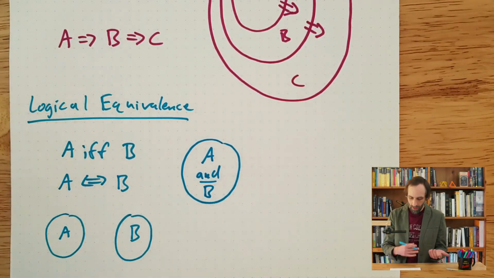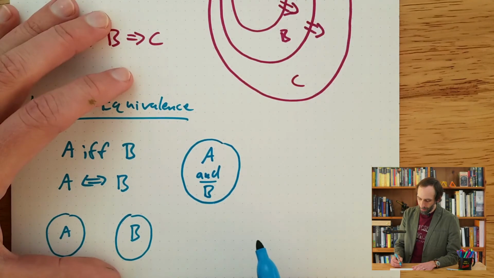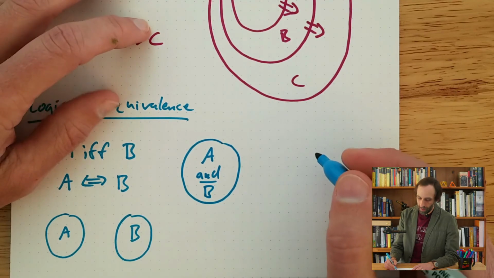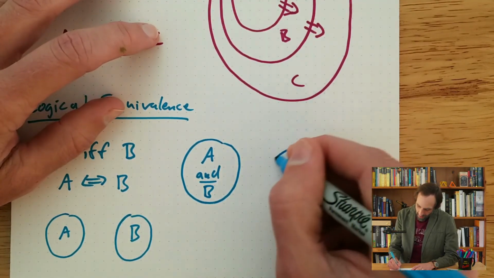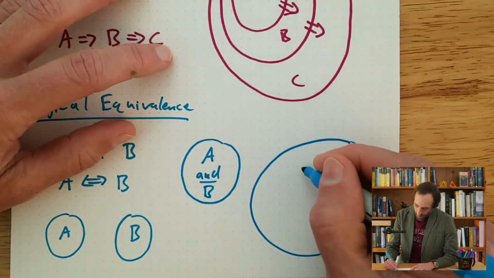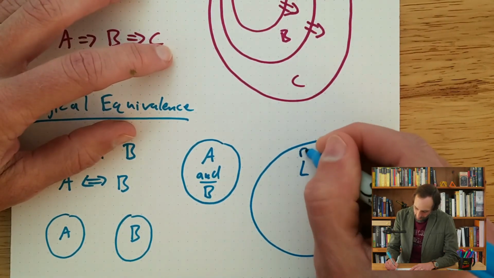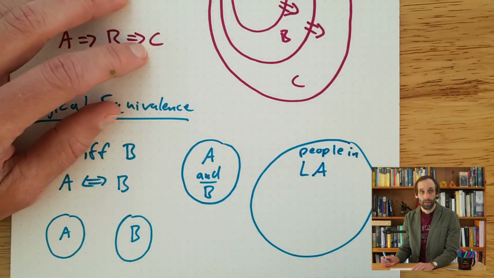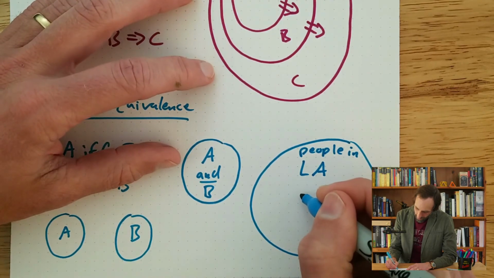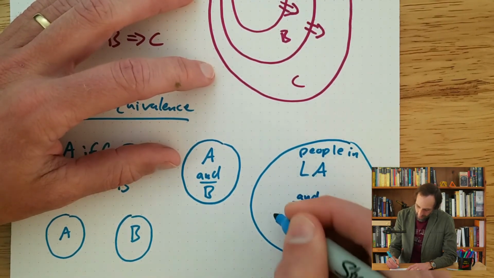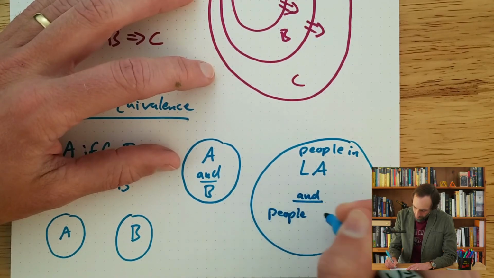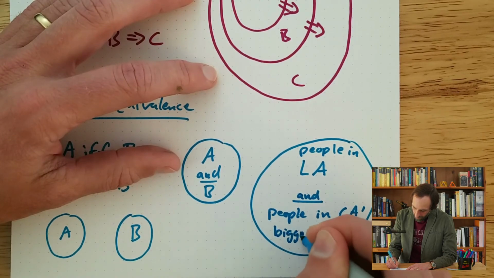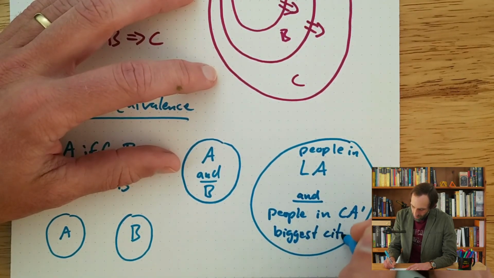So, for example, if you recall the biconditional I talked about in the last video about Los Angeles and California's largest city, if we have the set called people in LA, well, that is the same as the set of people in California's biggest city.